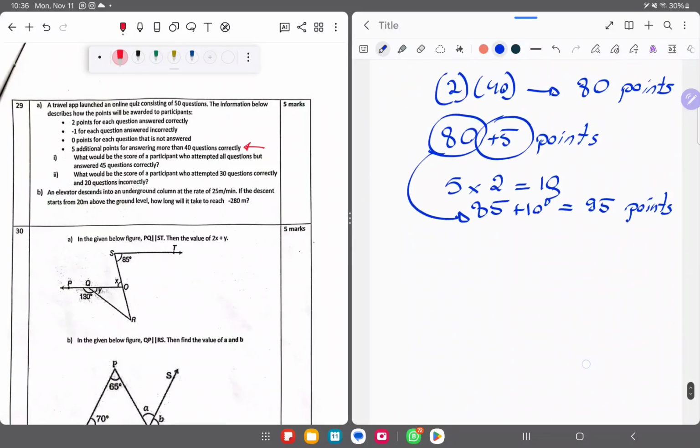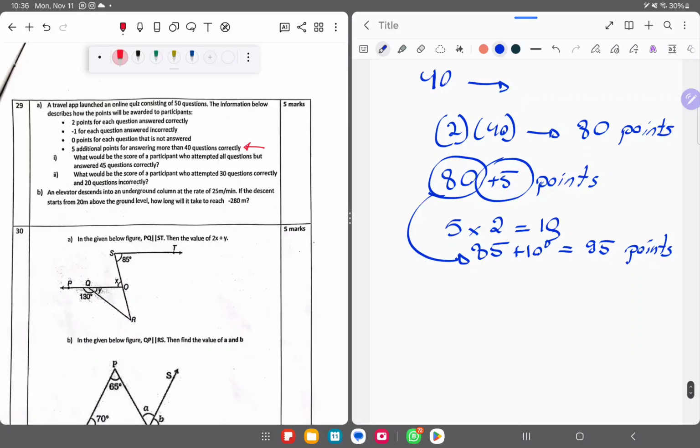What would be the score of a participant who attempted 50 questions and answered 45 correctly? What do they mean by attempted? All 50 questions. So 95.